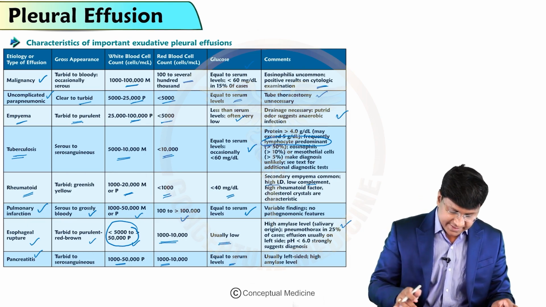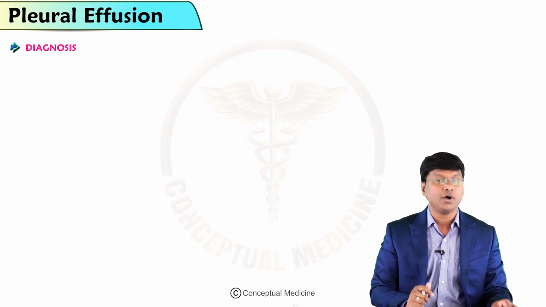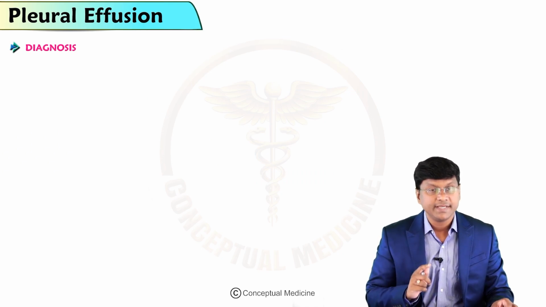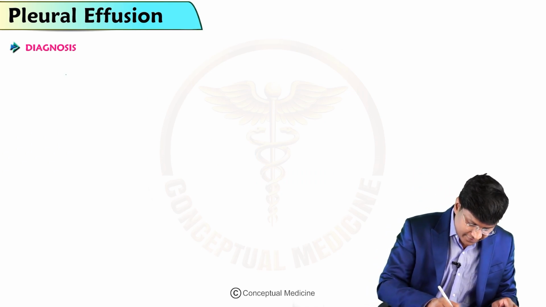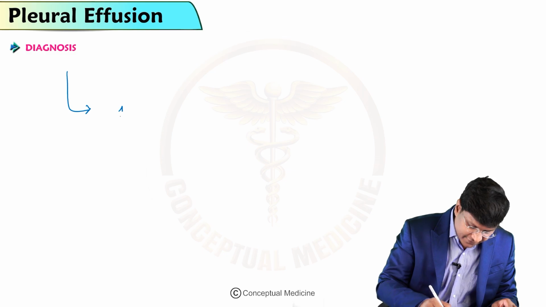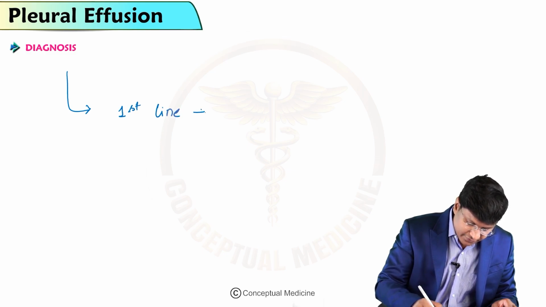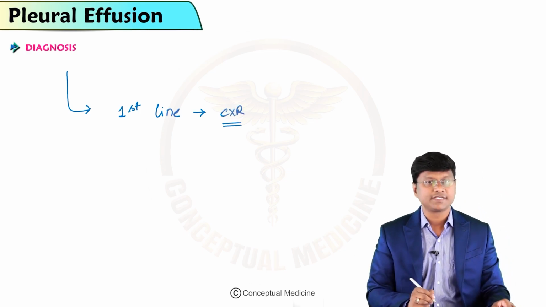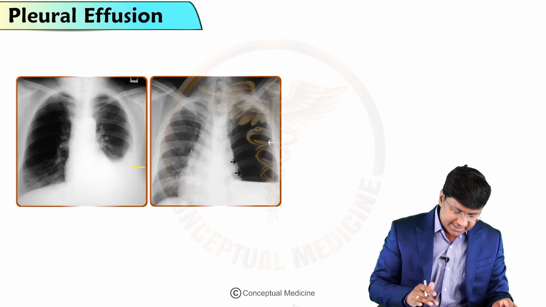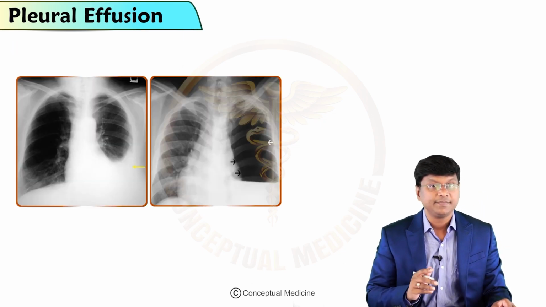Now, having said this, let me discuss how you diagnose pleural effusion. The investigation of choice, or first line investigation, in case of pleural effusion will be chest X-ray. Now, what does the chest X-ray show?